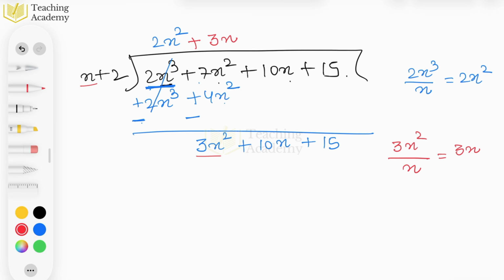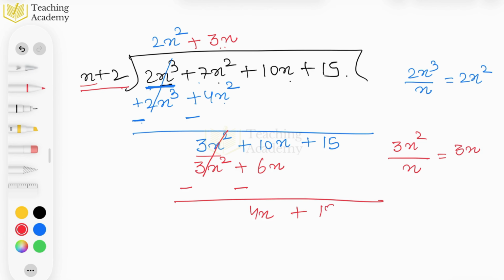Now take this 3x and multiply it with both terms. That will give you 3x square, and 3x multiplied by 2 gives you plus 6x. Again change the sign as we are subtracting. So this got cancelled. Plus 10x minus 6x will give you 4x plus 15.